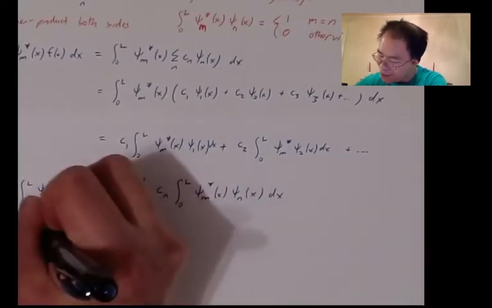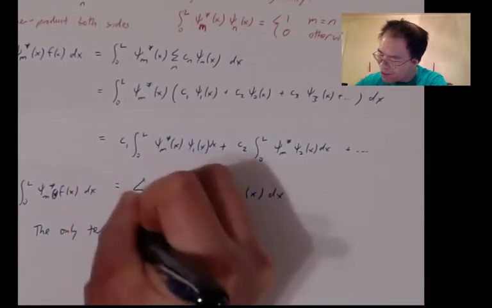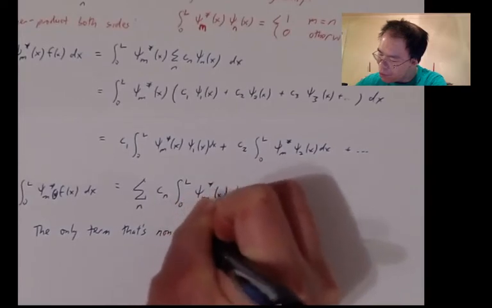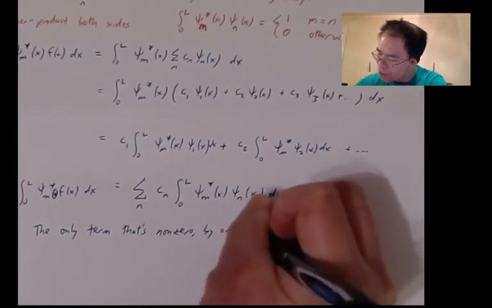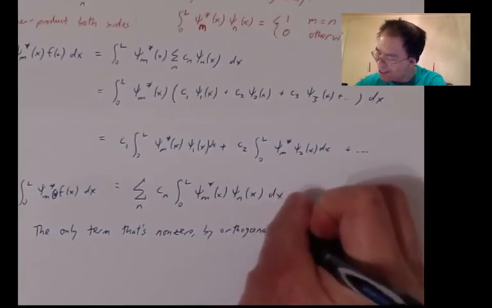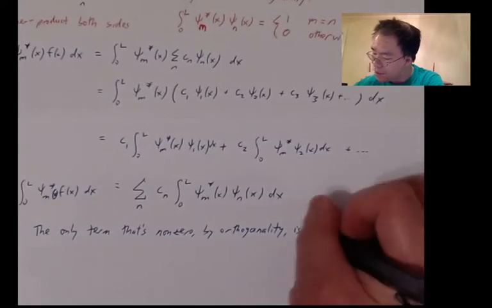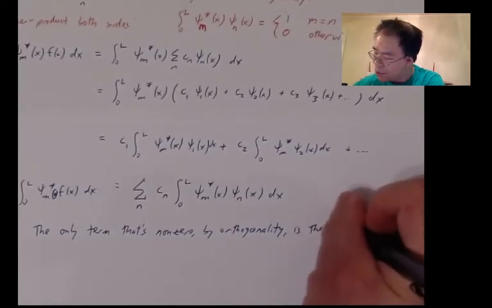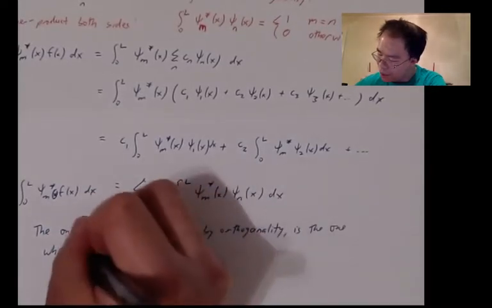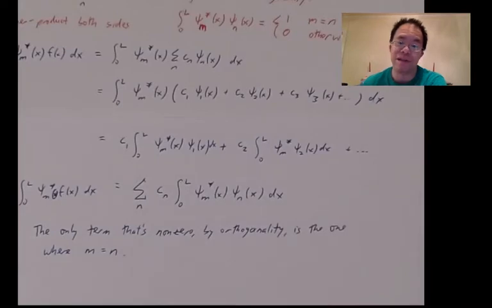So the only term that's non-zero by orthogonality is the one where m equals n on the right-hand side here.